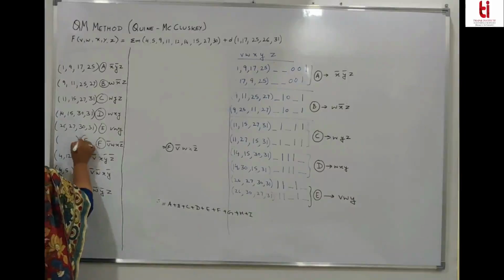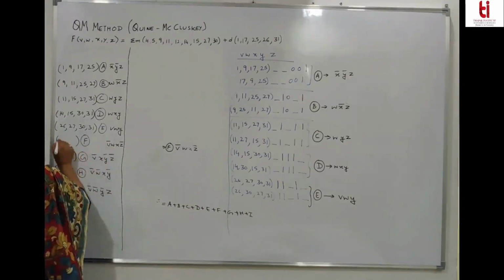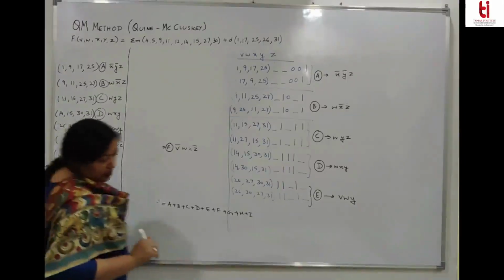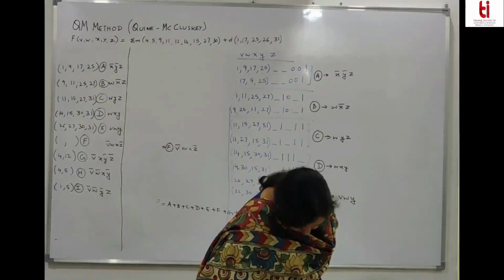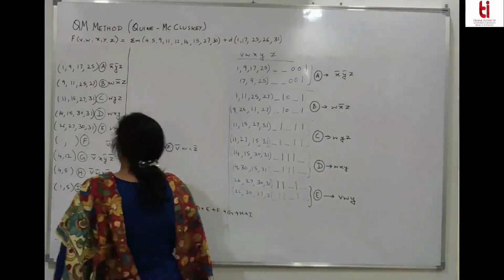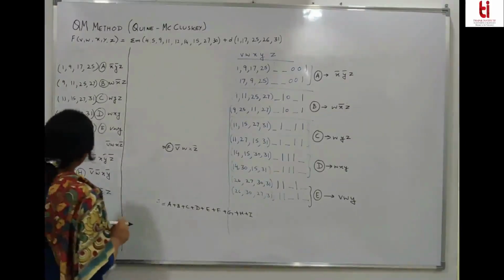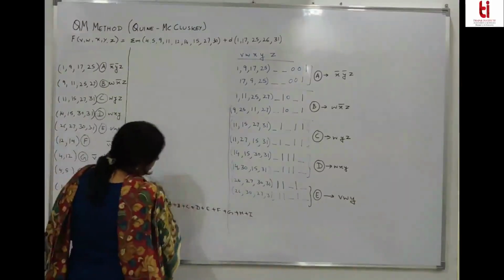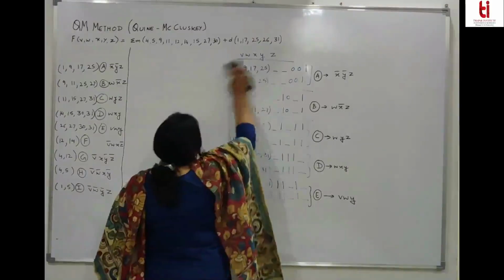And the last F was V bar, W, one term is left. So V bar, W, X. So all these terms which we have sorted in the previous one, we have written them on the blackboard.